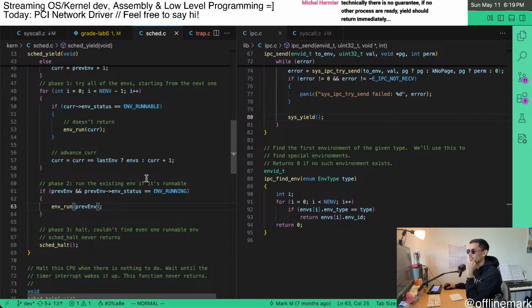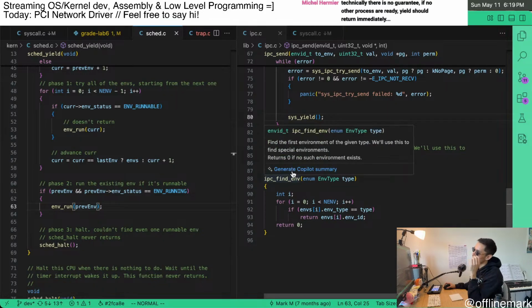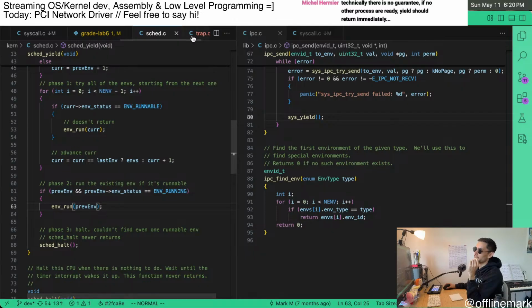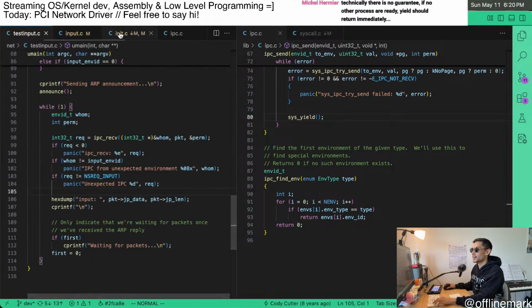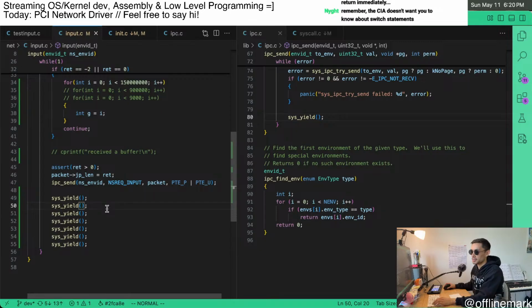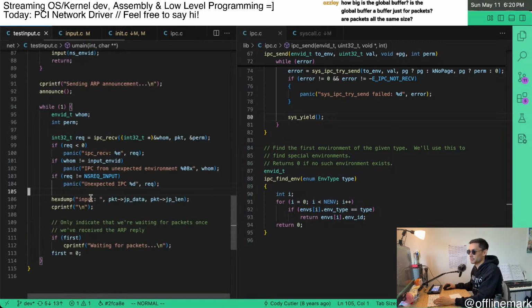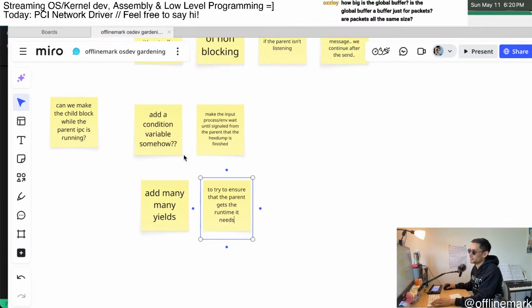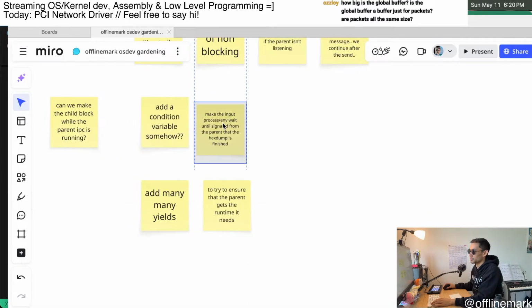So what would be kind of neat here is if this process can mark itself as not runnable. That would help guarantee this thing would just need some kind of system call to mark a process as runnable. That's conceptually similar to this condition variable thing.